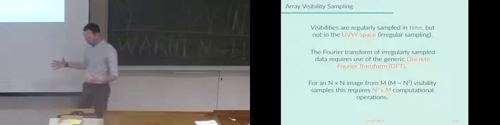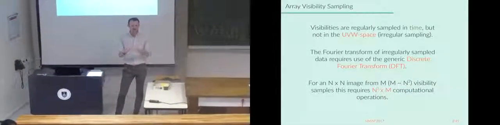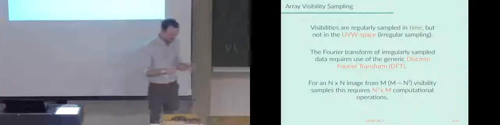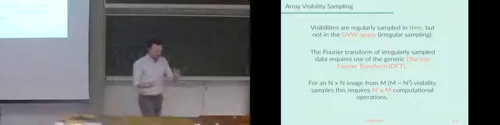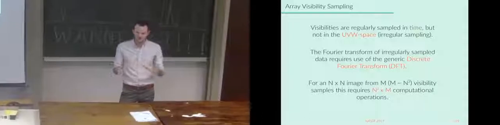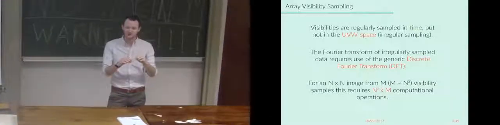And so our goal is to go from this irregularly sampled visibility space to a regularly sampled one in some sense, basically chop up this continuous volume into discrete chunks, and then you redistribute the visibility power somehow.